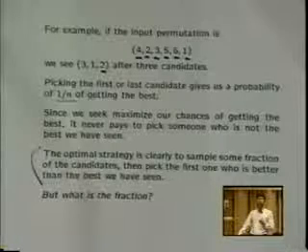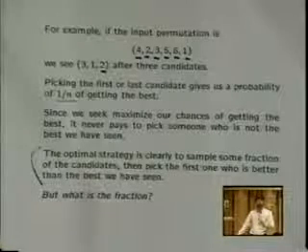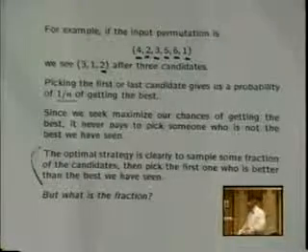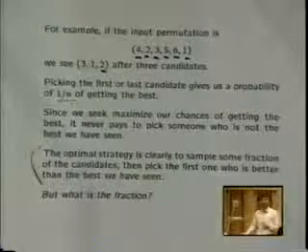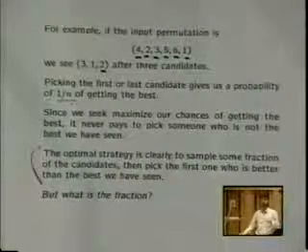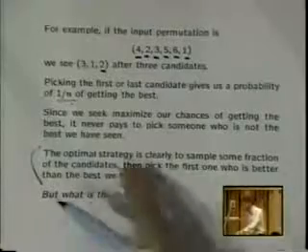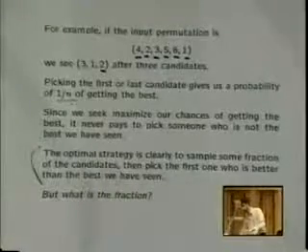There are n minus 1 factorial permutations where the first person is in fact the first person in the permutation. So n minus 1 factorial over n factorial, 1 over n, is the probability of ending up with the best one. Does everybody agree with that? That's if we just pick the greedy strategy, where we pick the first one. In general, what is the idea for how we should sample, though? Let's analyze this.